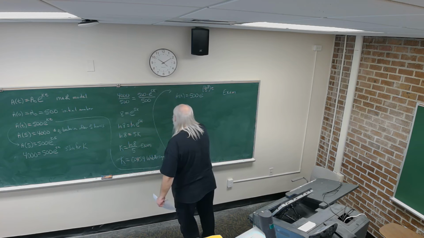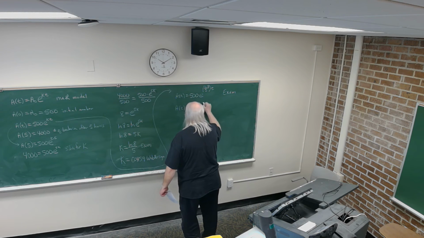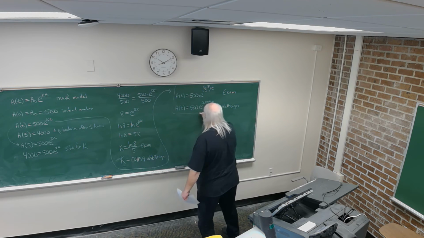So for WebAssign, we have 500 times E raised to 0.4159 times T. Okay.